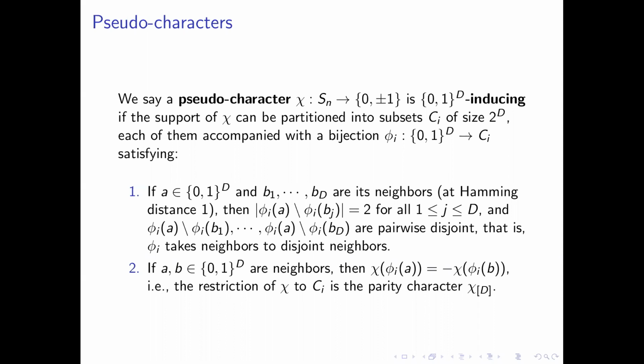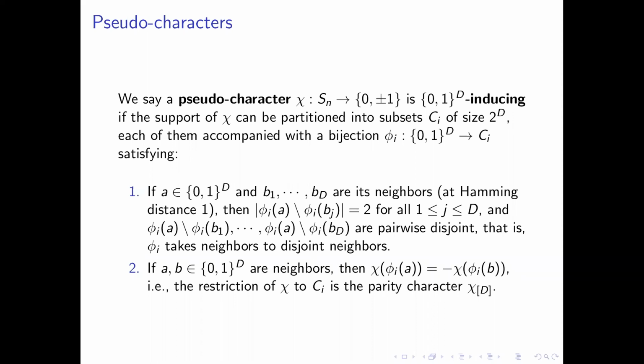So we'll tackle one first. The idea is that if I look at A and its neighbors, B1 through BD, then this bijection that we have, phi sub i, is going to preserve the neighborhood structure, so to speak, with these flip graphs.